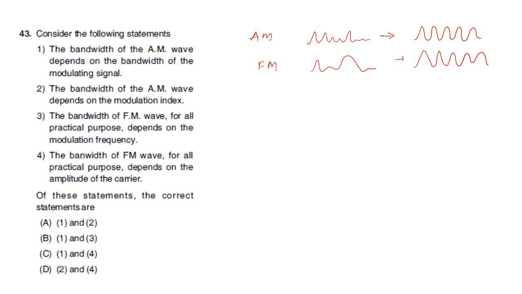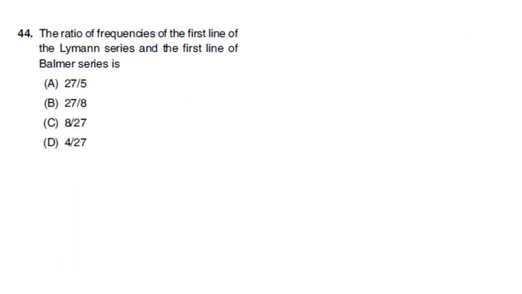Therefore, the bandwidth of amplitude modulation wave depends on bandwidth of the modulating signal. This is true, and this one is not true. It is not dependent on modulation index. Then the bandwidth of FM wave for all practical purpose depends on modulation frequency, but it is independent of amplitude of the carrier. Therefore, the third option is correct. So 1 and 3 are correct. So option B is the answer.